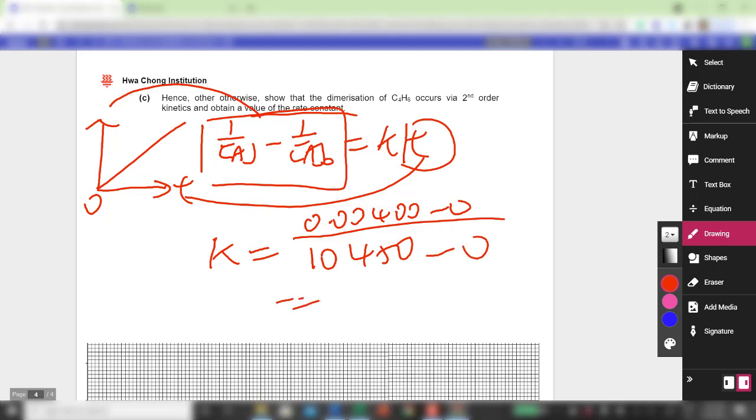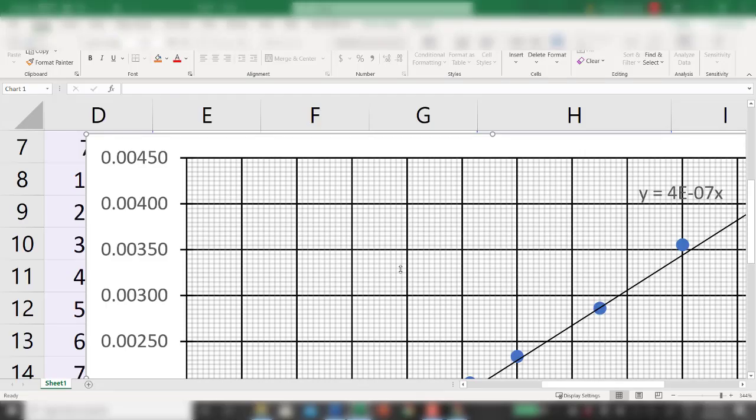Just punch in the calculator, and I will get about 3.82 times 10 to the power of minus 7 as the gradient.